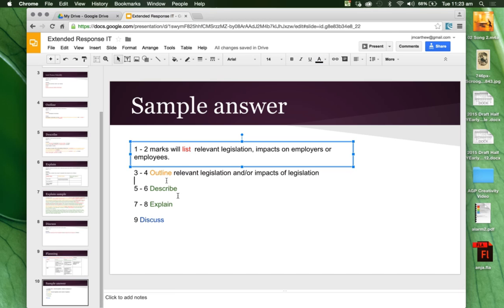Okay, I don't really need to add this because it's repeating the question, but I'm describing legislation and possible impacts. Now, it might be of employers or employees, or it might be an impact on employers, an impact on employees. So we get these grades of not actually getting the plural covered. And that's really important that you understand that.